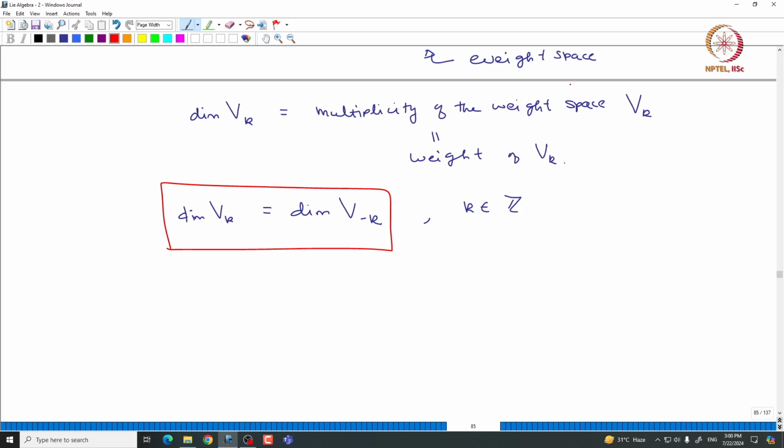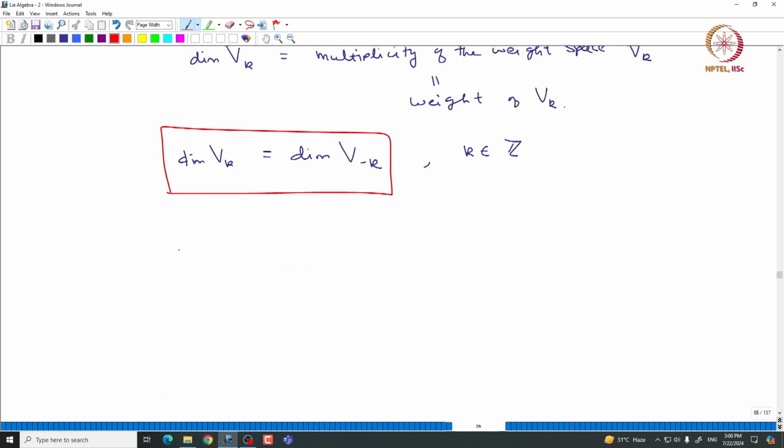So, now we can also try to compare the weight multiplicities. It is immediate that if we take these weight multiplicities, let us only focus on the even and odd parts separately.